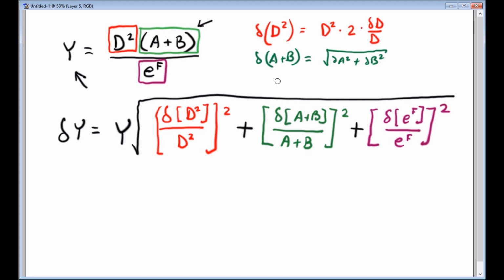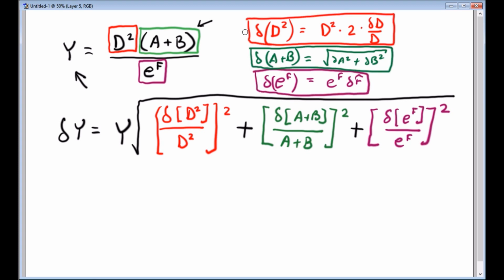And if the equation is e to the f, then the uncertainty of that is just going to be final answer times the absolute uncertainty of f. So these three equations are the things that we're going to then nest into our equation down here. So let me now write that down.